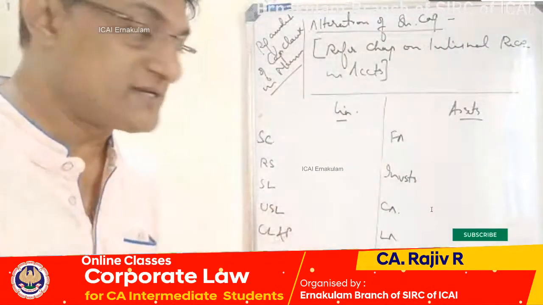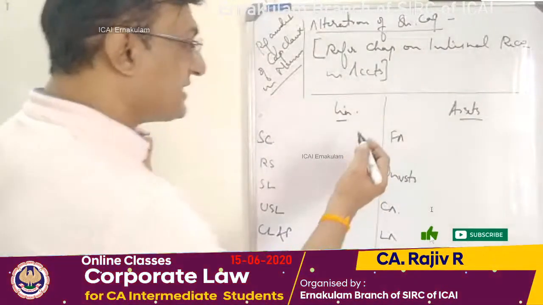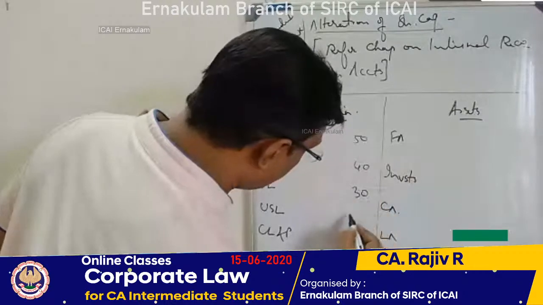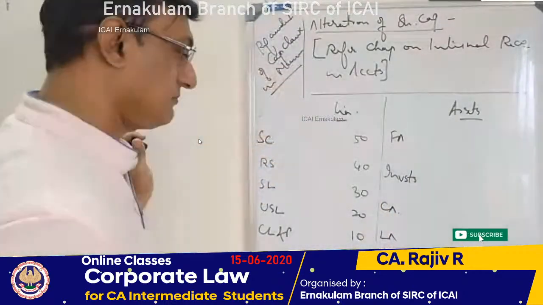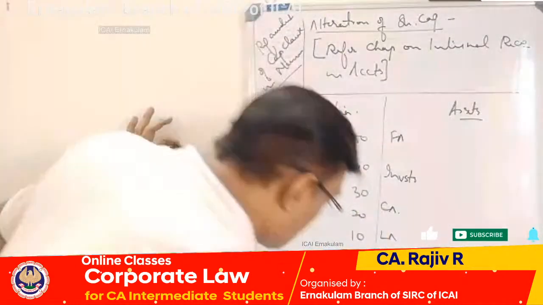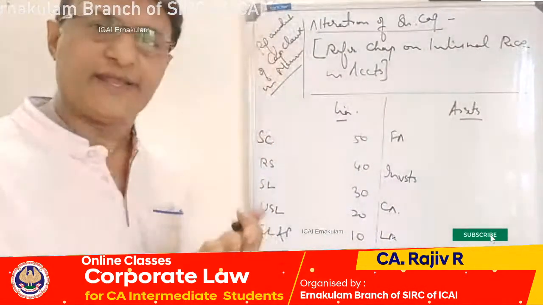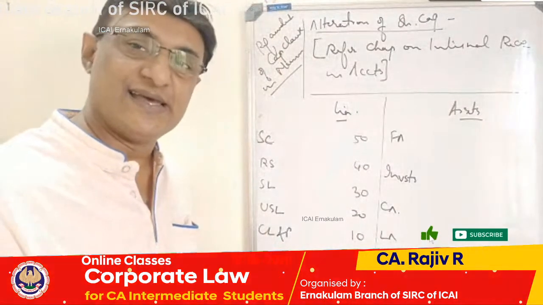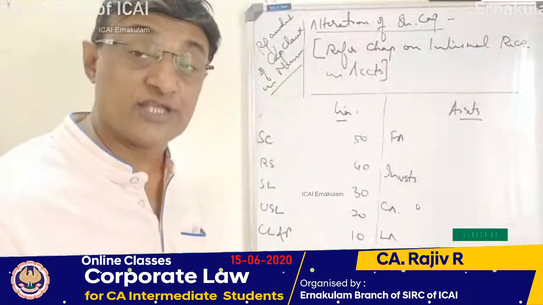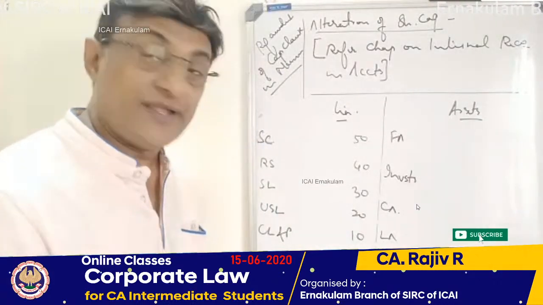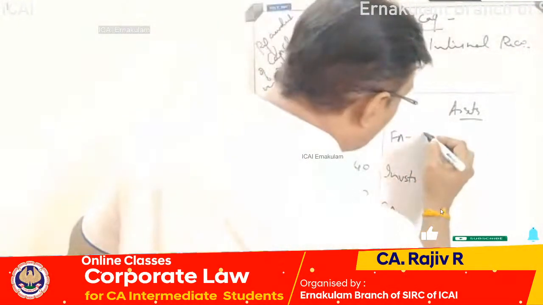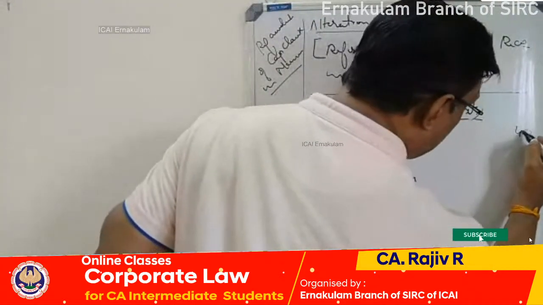Now, just to give life to it, I'll fill in certain numbers. Let us say this is 50, 40, 30, 20, 10. You can take it in thousands, lakhs, crores, whatever. I'm just keeping it stupidly simple for us to understand the chapter, the logic behind the chapter. On the asset side, I have fixed assets, of which let us say goodwill is 40.